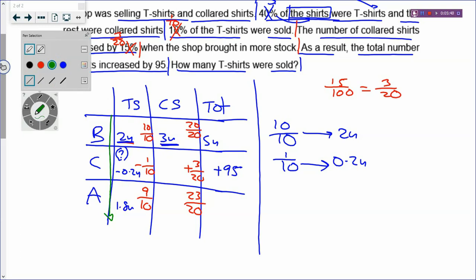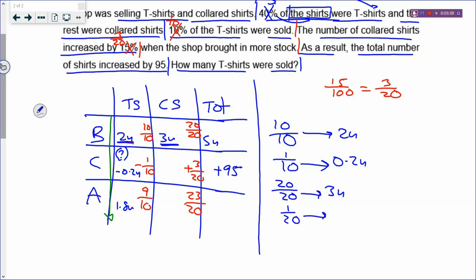All right, next step. Do you see anything else in the same box also? Yeah, there is a 20 over 20, which is in the same box as 3 units. So your 1 over 20 is 3 divided by 20. So 3 divided by 20, you will get 0.15 units. Okay, so how many collar shirts did the shop buy?